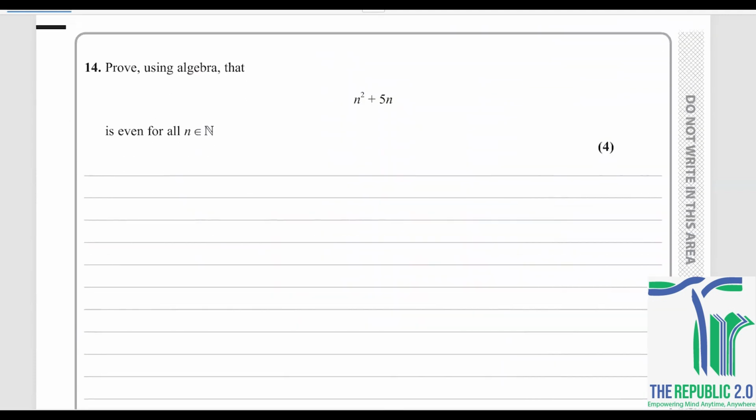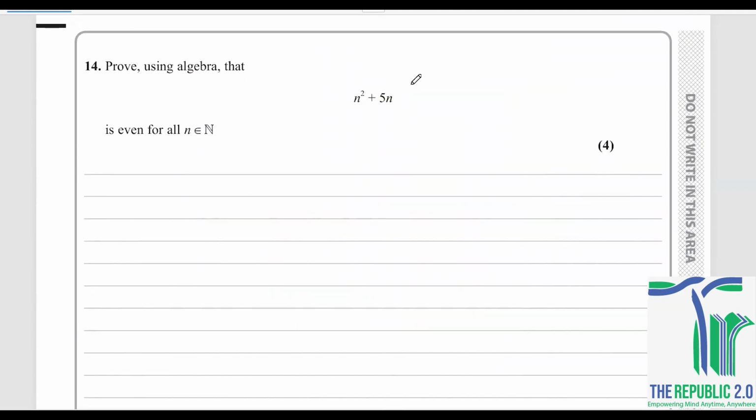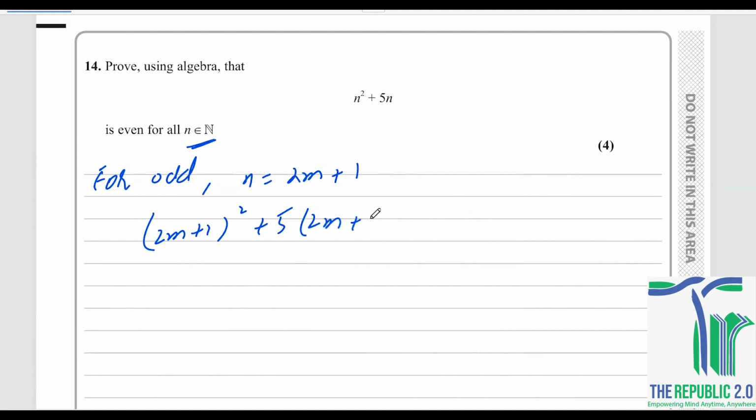Prove using algebra that n square plus 5n is even for all n. For example, natural numbers could either be even or odd. For odd, we can assume that n is going to be 2m plus 1. Let's plug it in and see what it gives us. So (2m plus 1) squared plus 5 times (2m plus 1), expanding it, I would be having 4m square plus 4m plus 1 plus 10m plus 5.